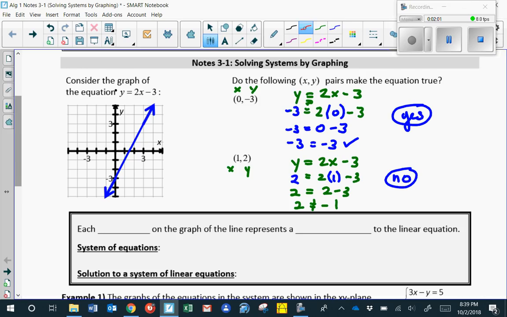Now what I want you to notice is if I graph each of these points, the point (0, 3), which was a solution, is on the line given by y = 2x - 3, and the point (1, 2), which was not a solution, is not on the line.